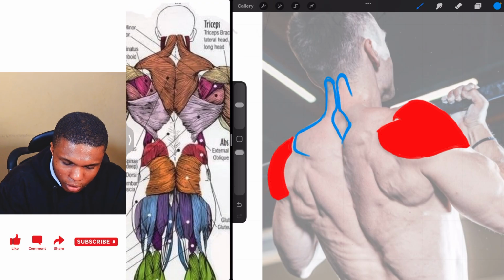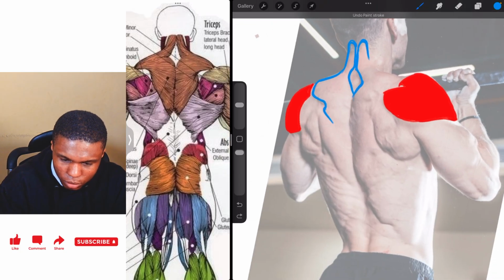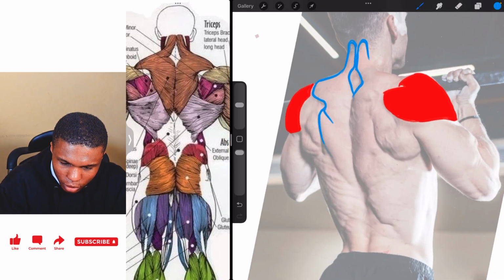And it sort of has that arrow shape around here, and it curves like this, but it can go down.